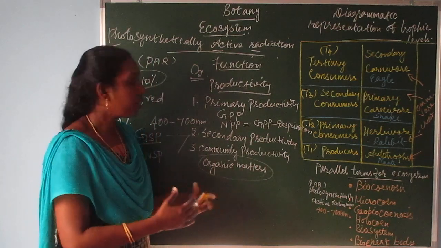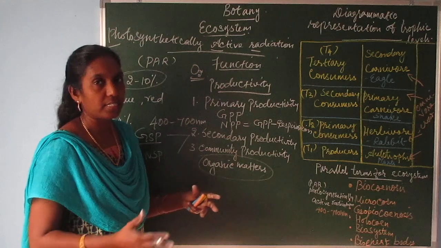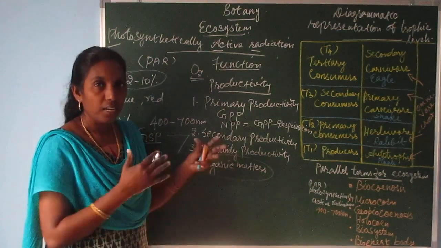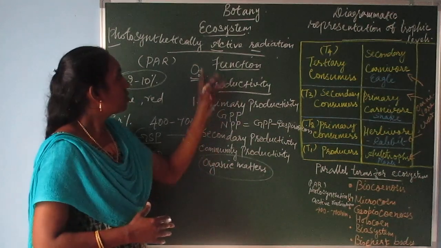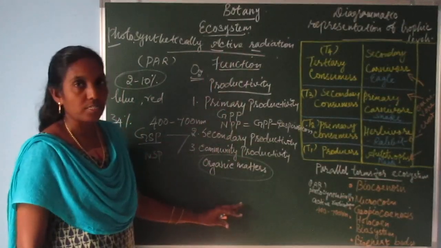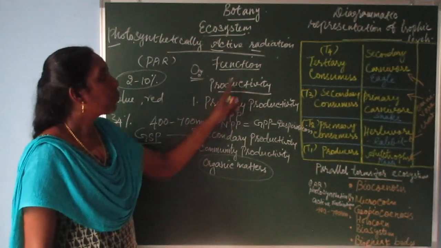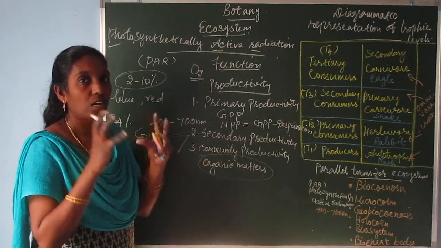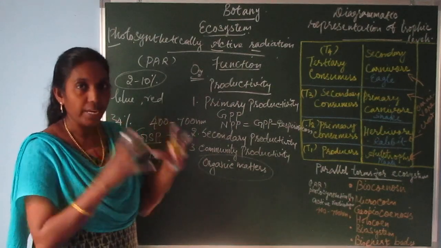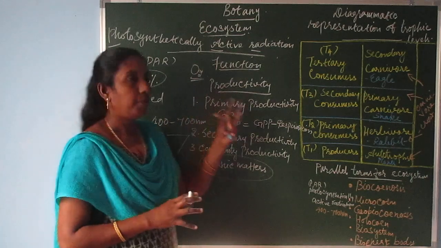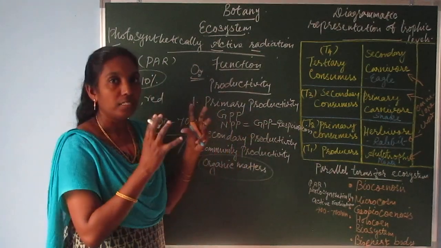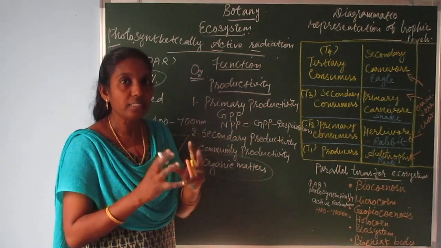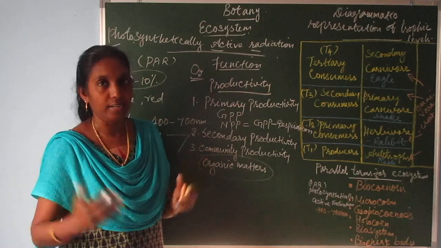So this community productivity may be affected by different factors. There are a number of factors which affect the production. So these are the functions of the ecosystem, which include productivity, the net gain or the gross amount, the total amount of energy which is stored in the plants as well as in the ecosystem, which can be utilized, and that energy is passed through different trophic levels.